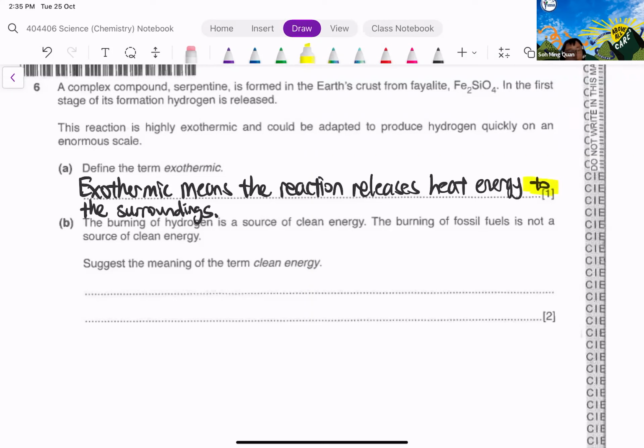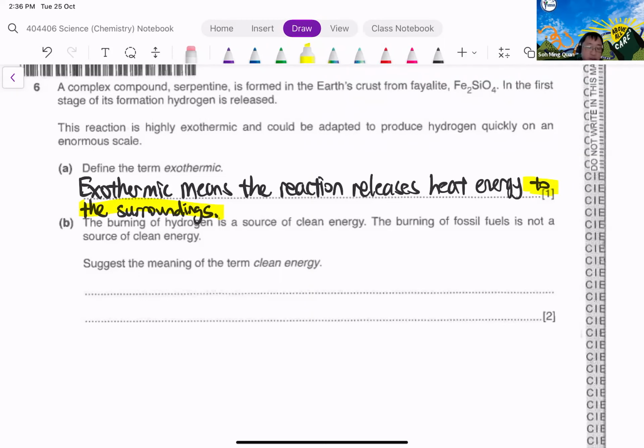You need to write to the surroundings, okay? Don't just say it gives out heat. A lot of you like to write things in short sentences. I have no idea why. This is your O levels, make it work. Give full details: releases heat energy to the surroundings.